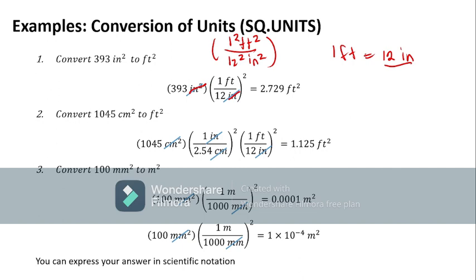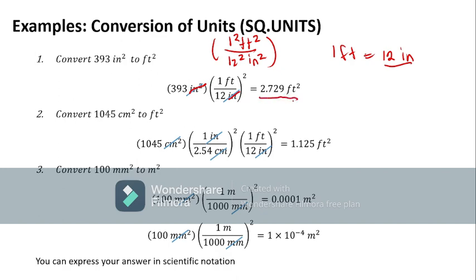So, kapag in-square, pag kinancel mo siya, magka-cancel out din siya. So, kapag ni-raise mo siya sa exponent, automatic, pati din yung unit kasama din ma-raise. So, just like this one, feet raised to 2, so magkakaroon ka ng square foot dito. So, 393 again times 1 over 12 raised to 2 is equal to 2.729 square foot. So, this is your final answer here.